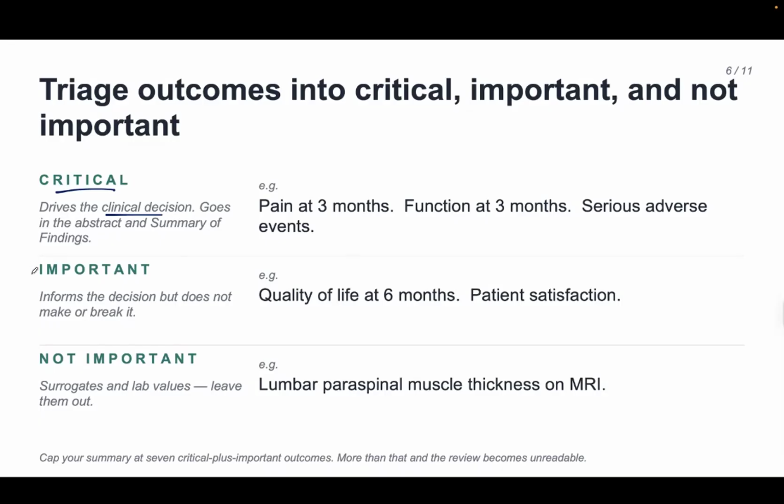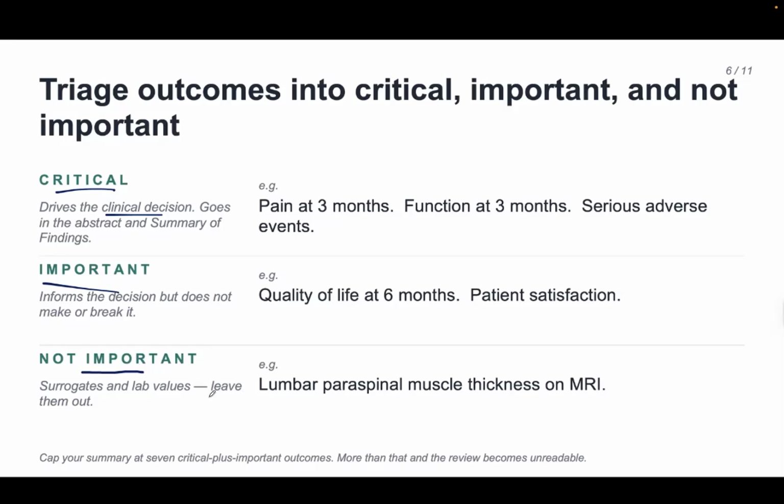Then there are important outcomes that do inform the picture, but are not make or break in terms of decision making. It could include quality of life at 6 months, it could be satisfaction on different scales. And then there's a third tier of outcomes that are not as important as the other two. These are the surrogate markers, lab values that do not translate into anything that patients feel.